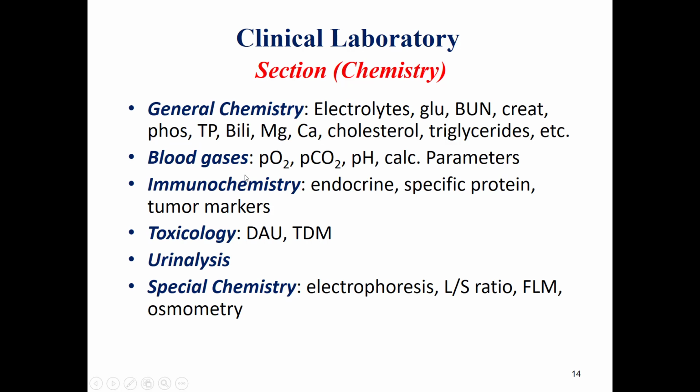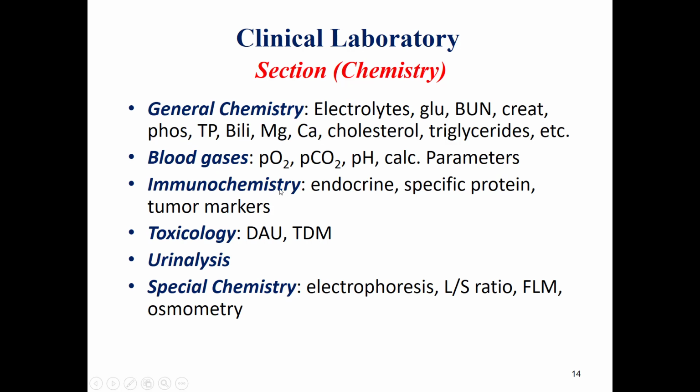We have the partial pressure of oxygen in the plasma, the partial pressure of CO2 in the plasma, the pH of the blood, and other calculated parameters. All these are either measured or calculated in the blood gases.